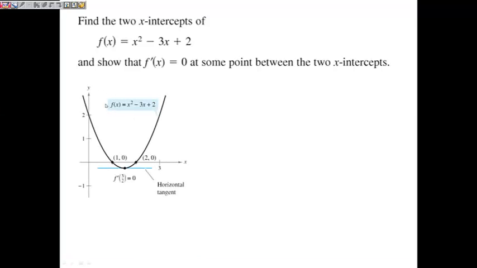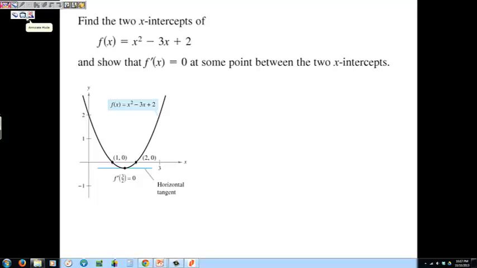So the graph looks like this. All right, we found 2 points. We found one at (1, 0), one at (2, 0). And then we want to prove that in between these two x-intercepts, there has to be a place where there has to be a horizontal tangent line where the derivative is equal to 0.